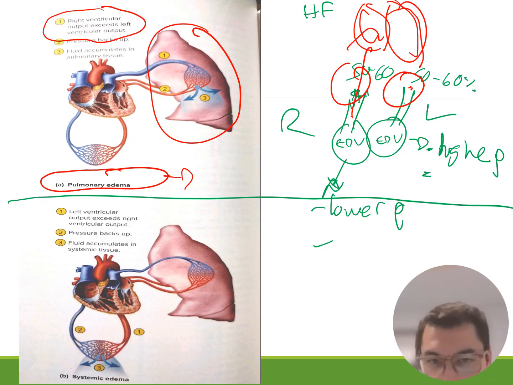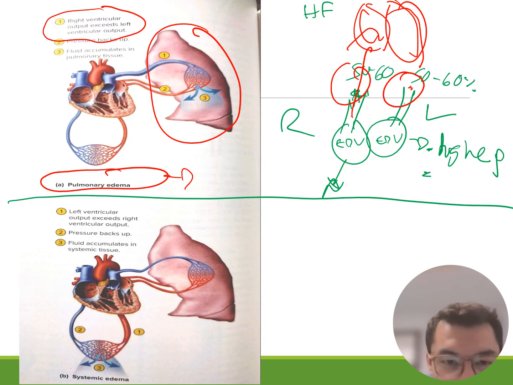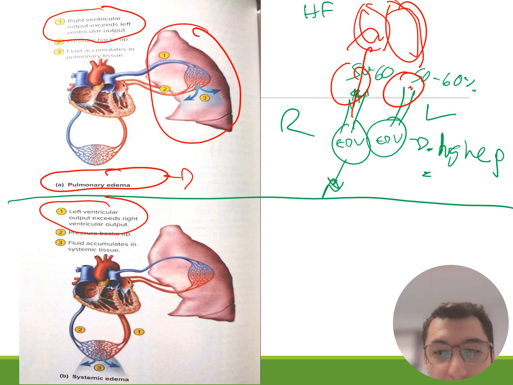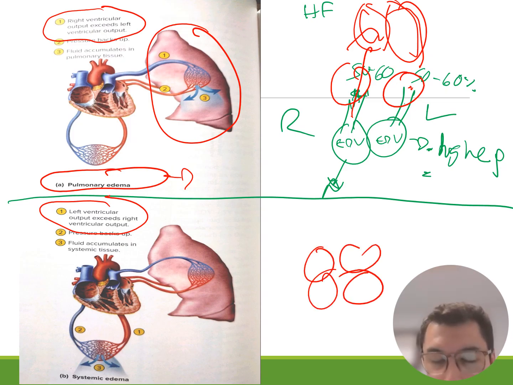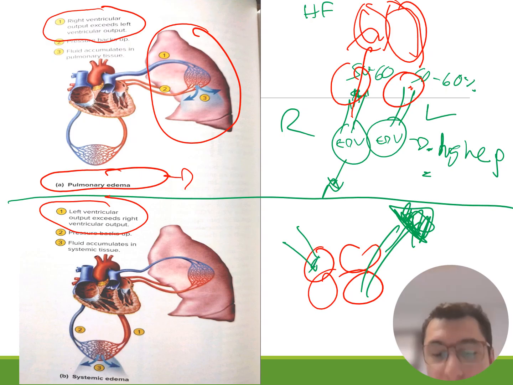Now, in contrast, if we were to increase the cardiac output from the left side, the pressure will build up, and if we start to increase more and more output from that left ventricle, that right atrium won't be able to handle it.